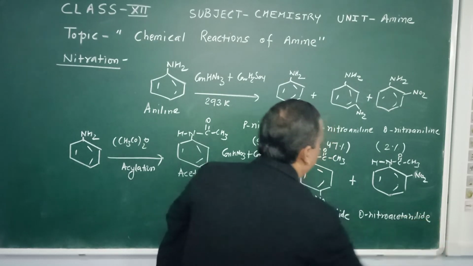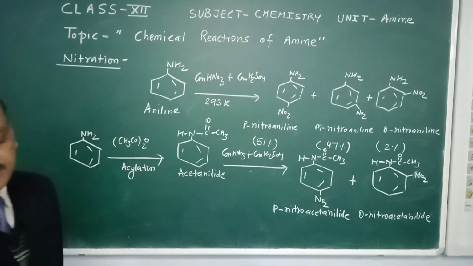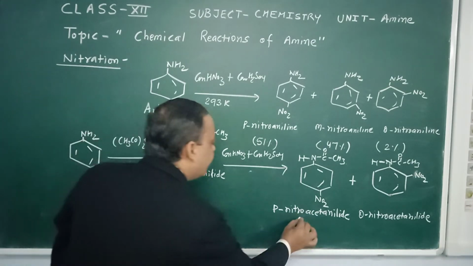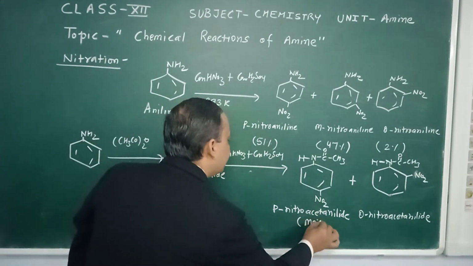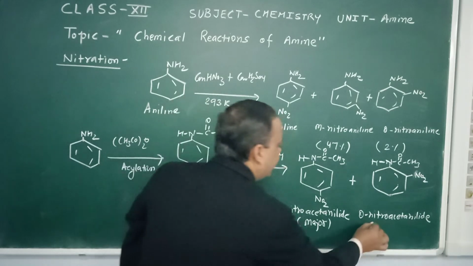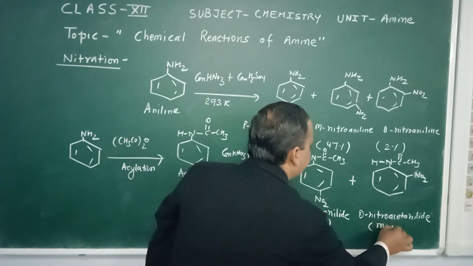Okay. Now in the next step, the para product is the major and the ortho product is minor.